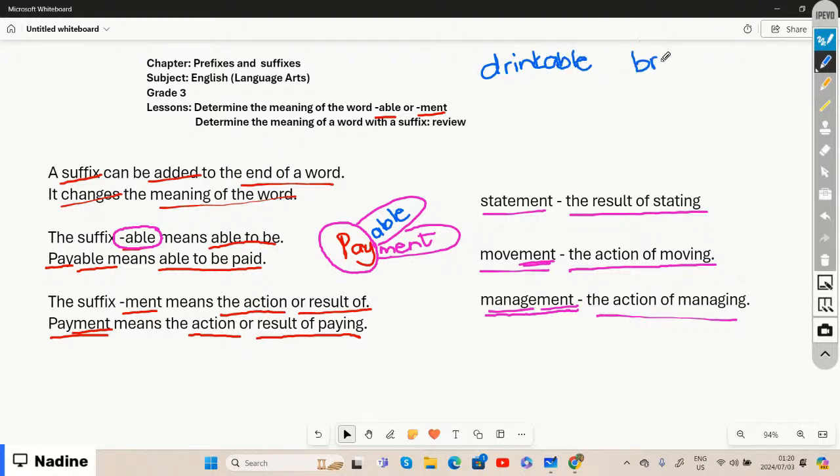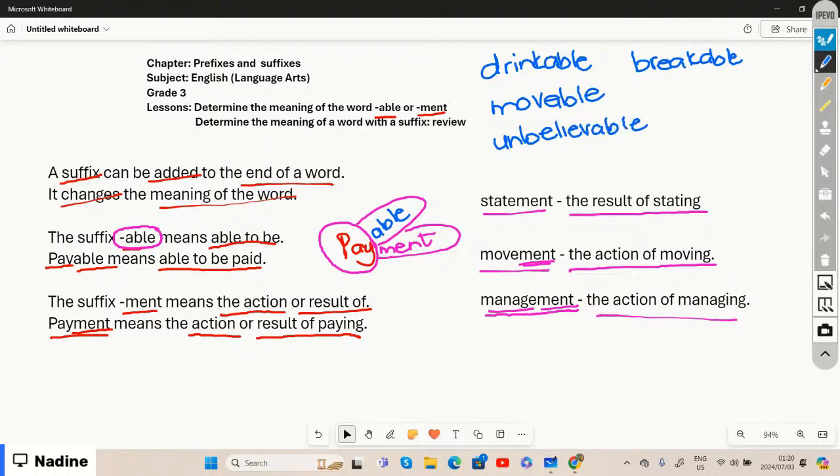Something is able to break, which is breakable. Something that you can move, which is movable. You don't add the e. It's movable. We can even say unbelievable.